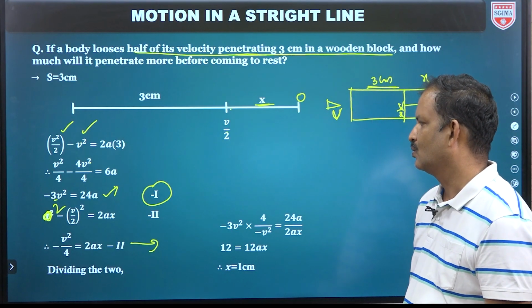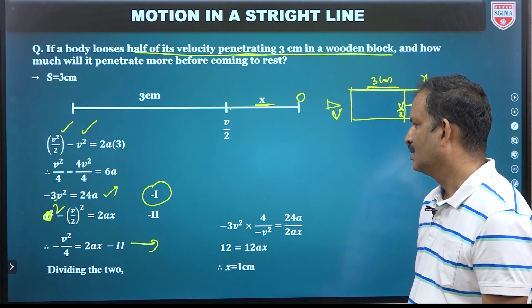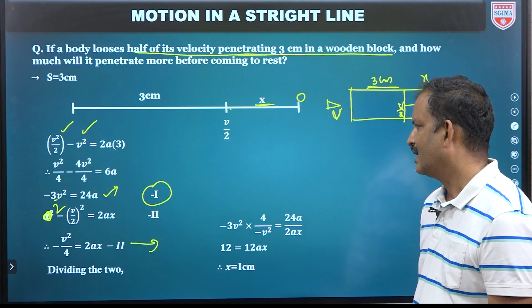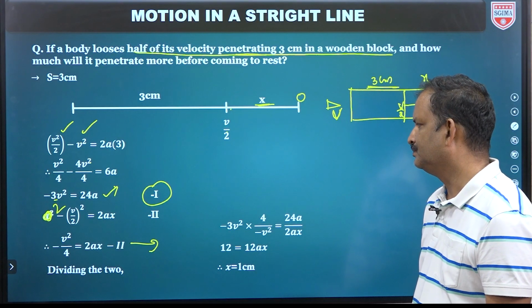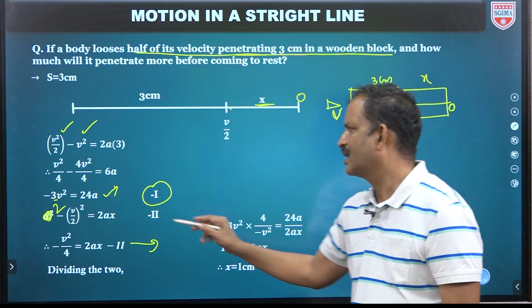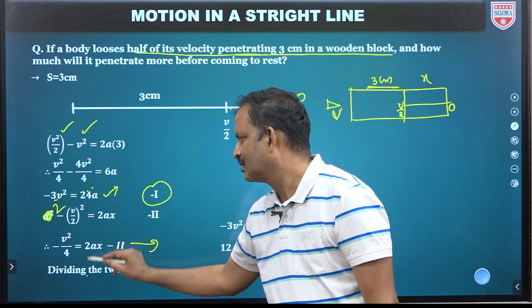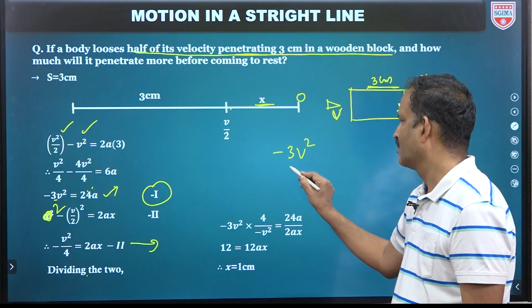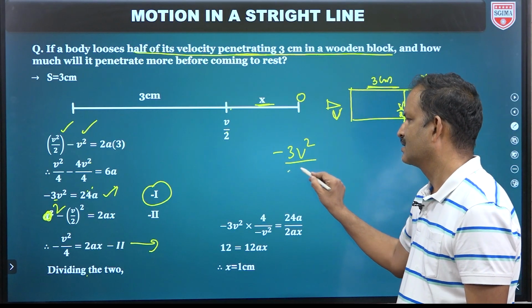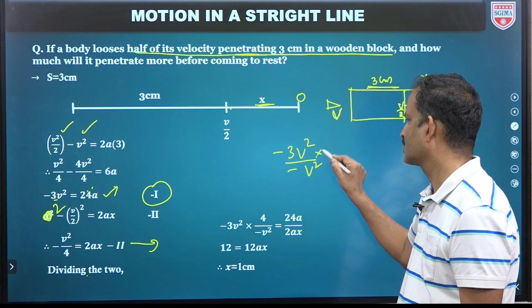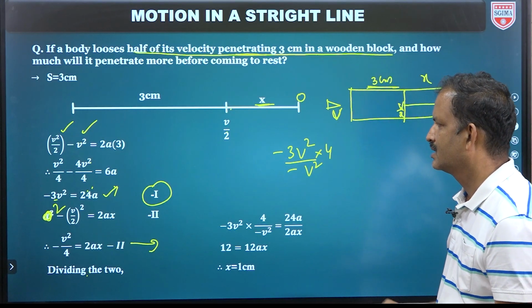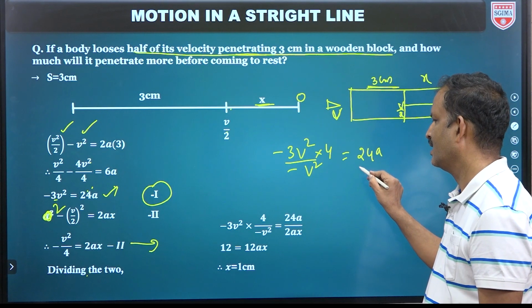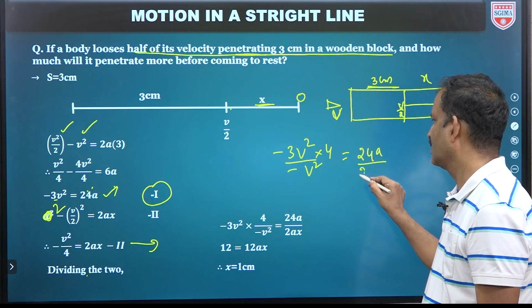Dividing by the second equation, you can write the simplification: this by this, minus 3v square by minus v square by 4, where 4 comes to the numerator, is equal to 24a by 2ax.